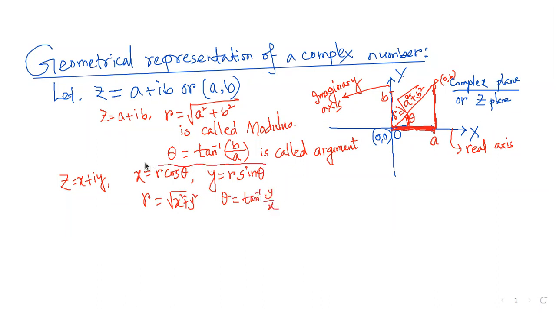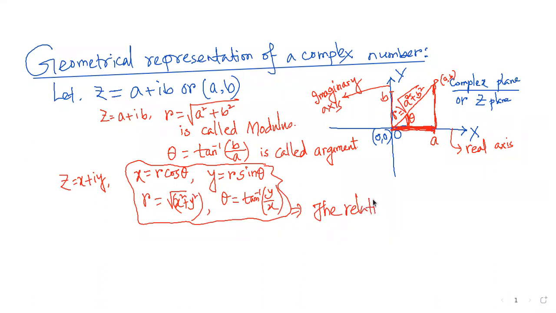So this is the relation between the Cartesian and polar coordinates. x equal to r cos theta, y equal to r sin theta, r equal to root of x square plus y square, and theta equal to tan inverse y by x.